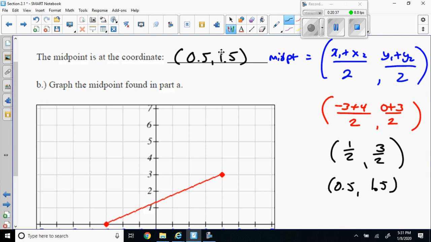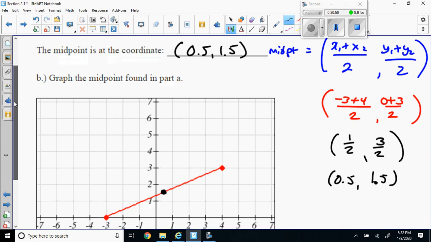Fair enough? Yeah, if you've taken a geometry class anytime soon, or a couple past years, midpoint's pretty standard. So. All right. So that would be actually, here's a half right there, right? Right there. I said graph it, right? So there.